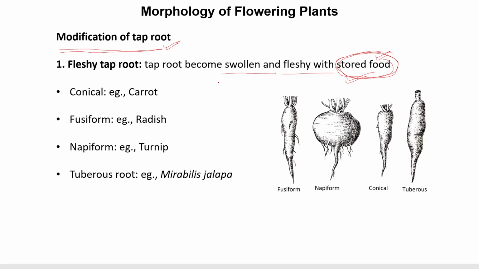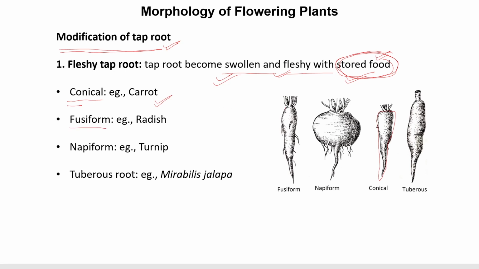So, it becomes swollen and fleshy. But their shape varies in different plants. According to the shape they acquire, some are conical in shape, like this you can see here, a cone shape, like in carrot. Example is carrot.